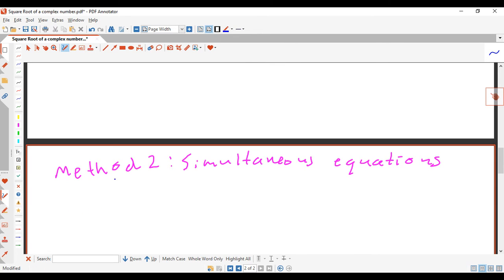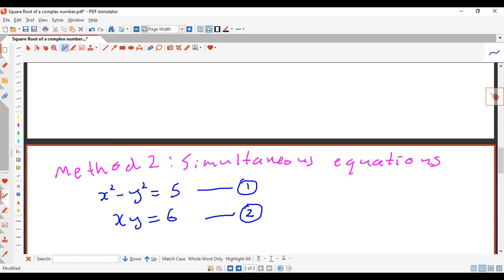Let's write them down again. We had x squared minus y squared equals 5. We also had xy is equal to 6. So call that equation 1, call that equation 2.